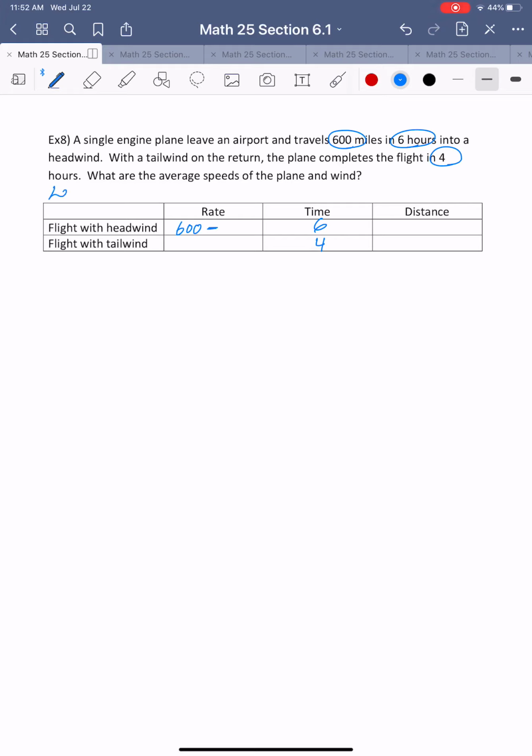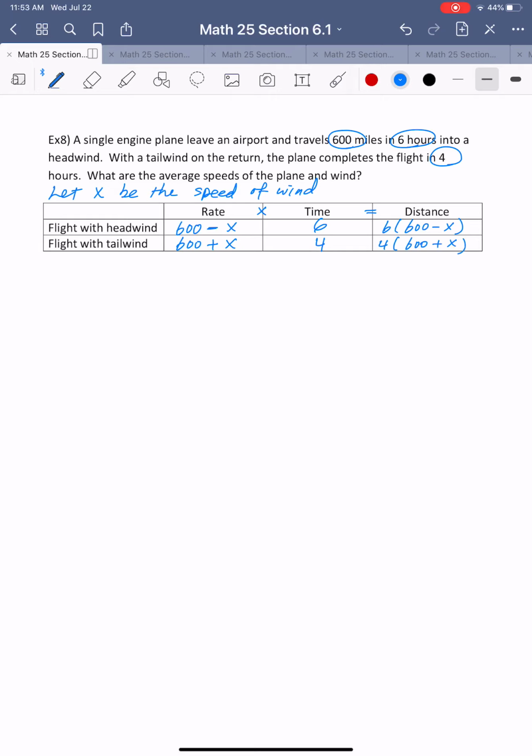So I want to say let x be the speed of wind. So 600 minus x, and 600 plus x because the tailwind makes it faster. So in order to get a distance, you have to multiply. So you get 6 times 600 minus x, and then 4 times 600 plus x.